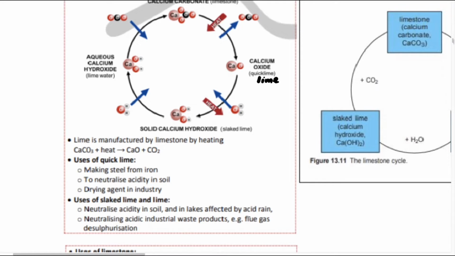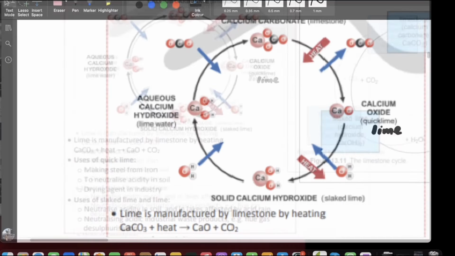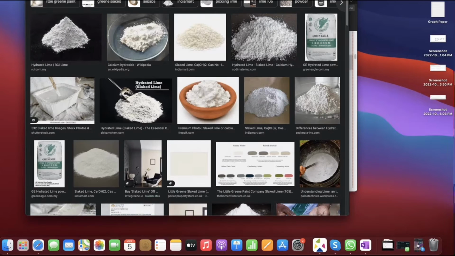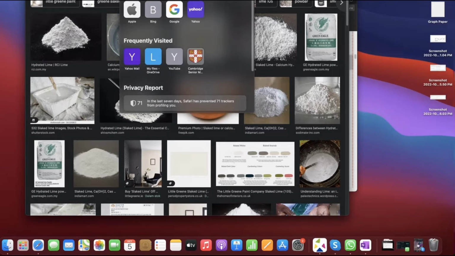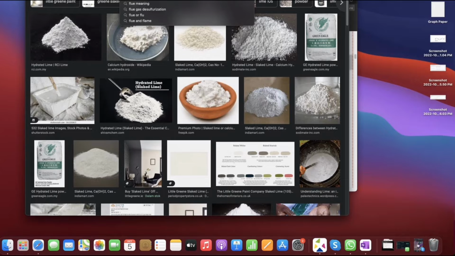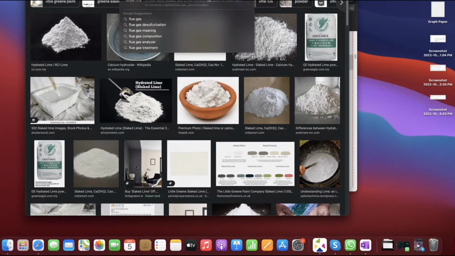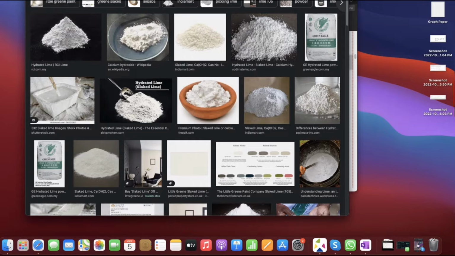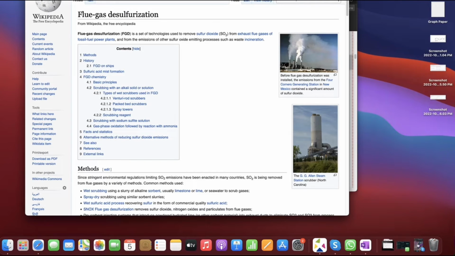desulfurization. Okay, so let's take a quick look at what flue gas desulfurization means. So we just need to know a little bit on this. Okay, so let's look at the internet.